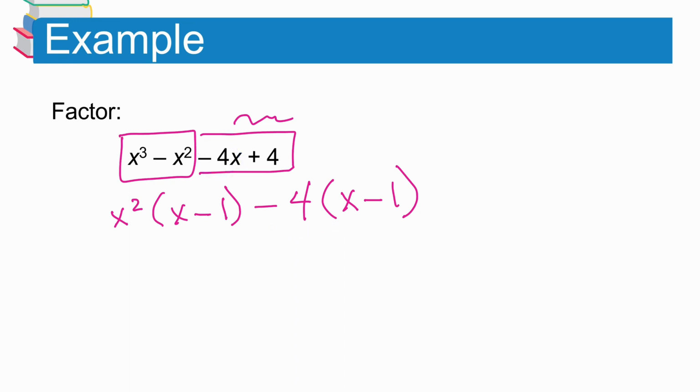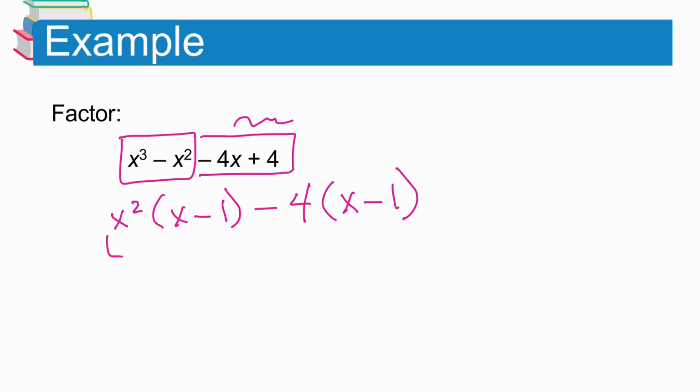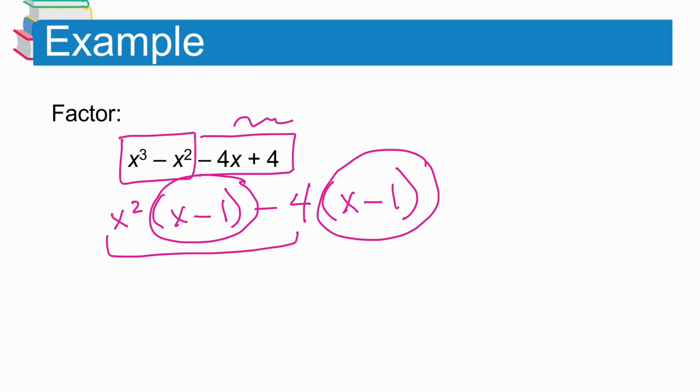So I have what I want there, and now I can basically treat this as if it's a variable on its own. So I've got this, and I can say, okay, this is x squared minus 4, and then this is x minus 1.